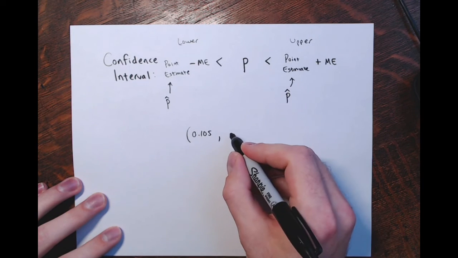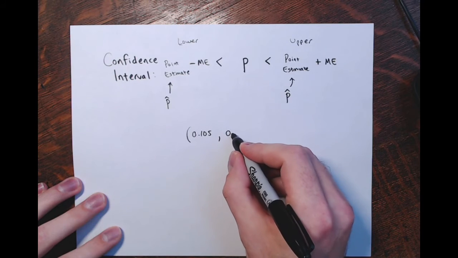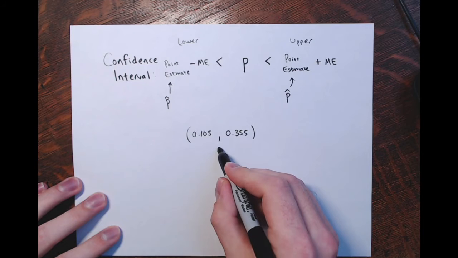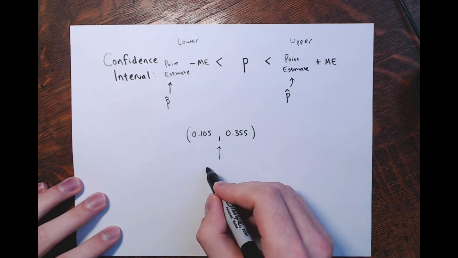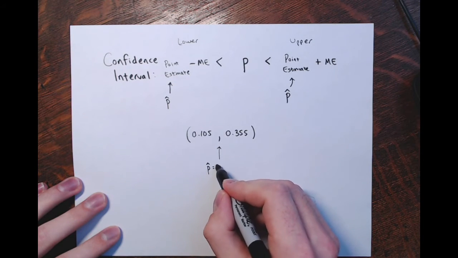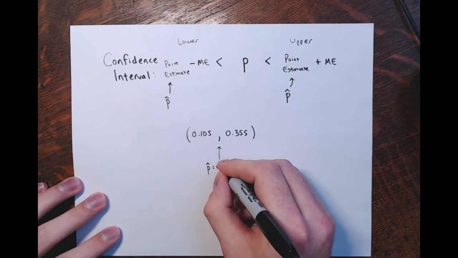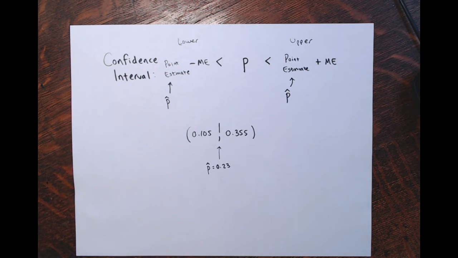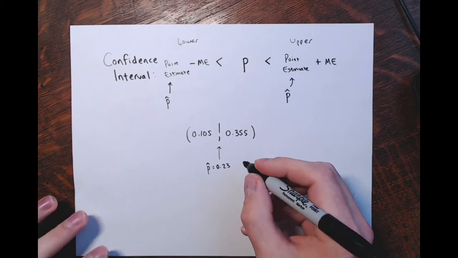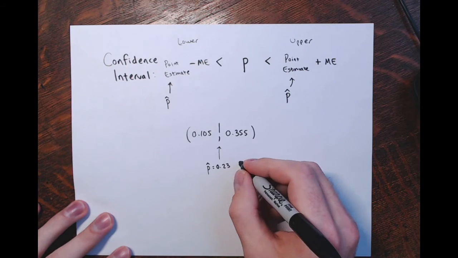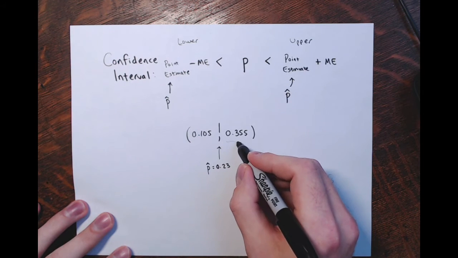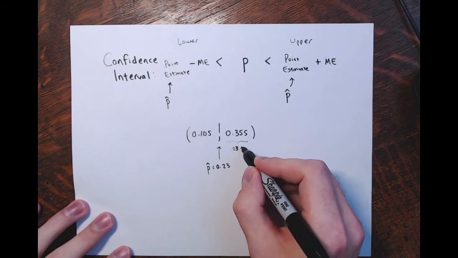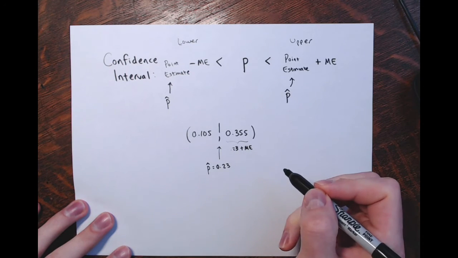All right, so we're given here our lower bound, 0.105. The upper bound for our confidence interval in this question was 0.355. And then the point estimate, the p hat, the sample proportion of 0.23, should be exactly in the middle. So that means that this value here is 0.23 plus whatever the margin of error is.